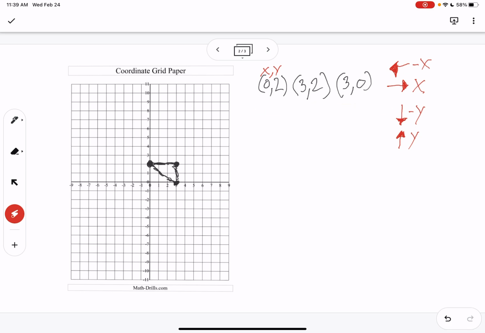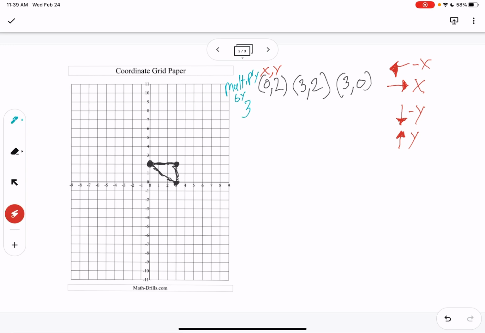Now, it says that we need to dilate this figure by multiplying it by 3. So we're going to dilate it, enlarge it by 3. That means we're going to draw a similar figure that's 3 times bigger than this. And the way we do that is we're going to multiply, let's put this in blue, multiply by 3, okay?